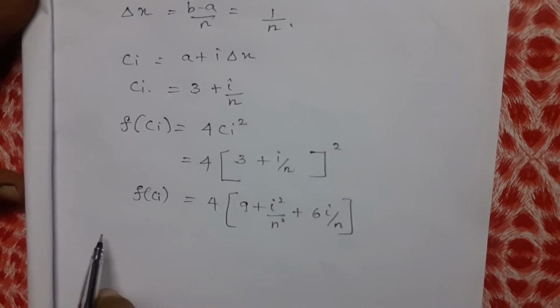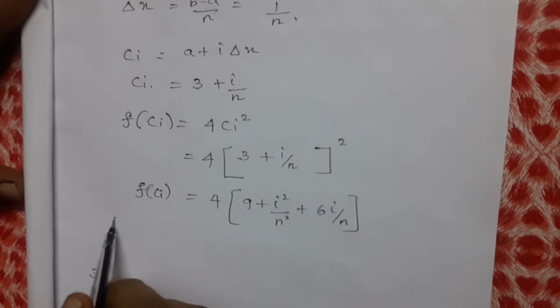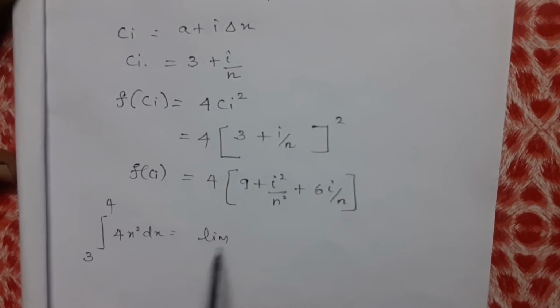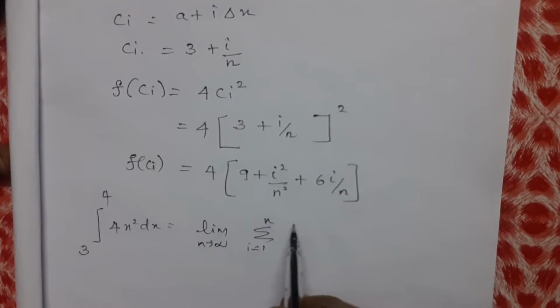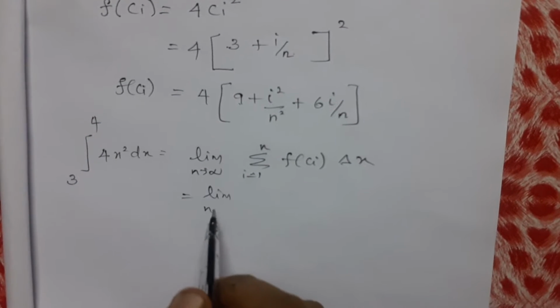Now we use the limit definition for definite integral. So the integral from 3 to 4 of 4x square dx is the limit as n tends to infinity of the summation, i varying from 1 to n, of f of ci into del x.